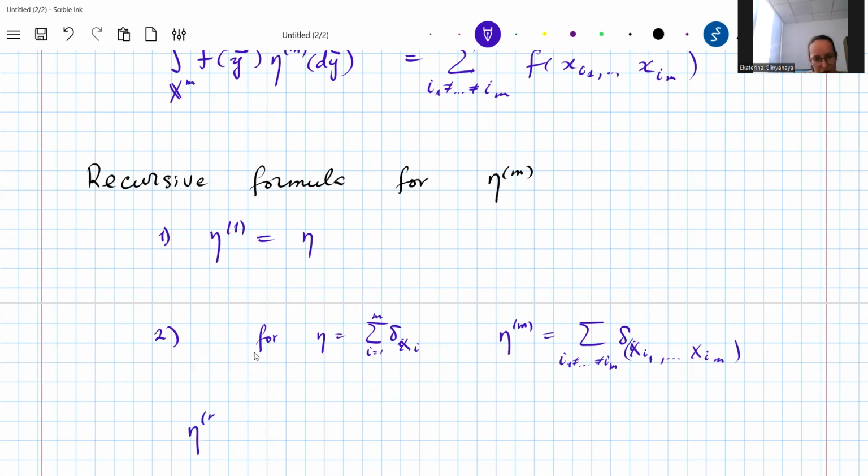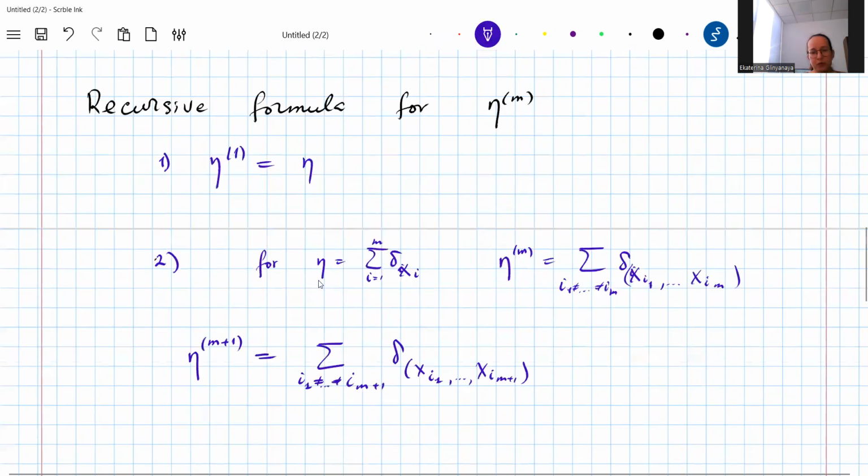How then can I write the measure m plus 1? So this will be a summation over m plus 1 non-equal indices, x_a m plus 1.